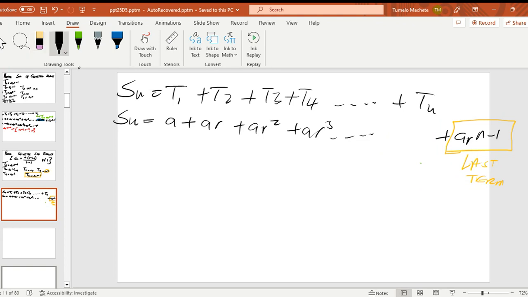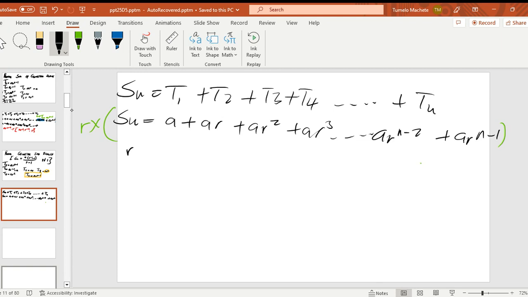Ar^(n-2), that's my second last term. Then after getting my second last term, the next step is to multiply the whole equation by r. So I'm going to multiply both the left hand side and the right hand side by r.